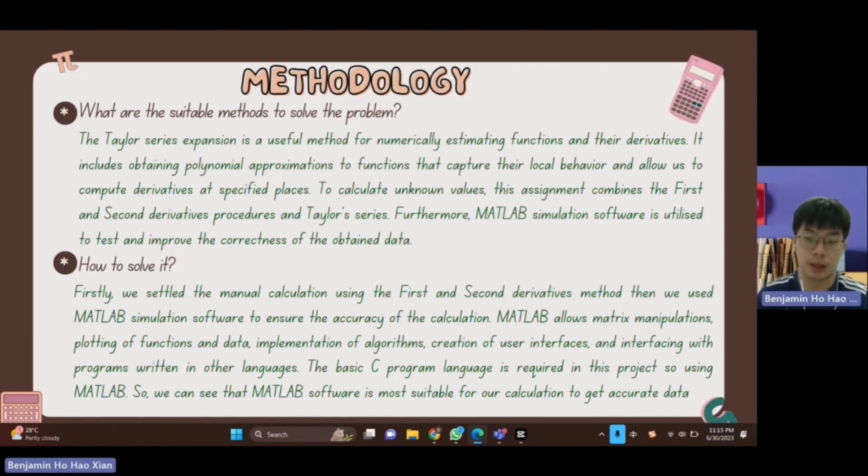This is because MATLAB allows matrix manipulation, plotting of functions and data, implementation of algorithms, creation of user interfaces, and interfacing with programs written in other languages. So we are using the C programming language to program in MATLAB so that we can calculate in MATLAB by using C programming.